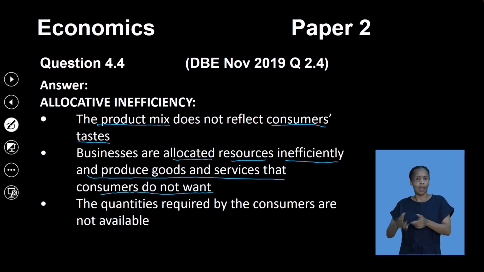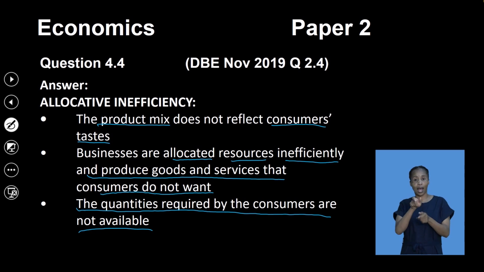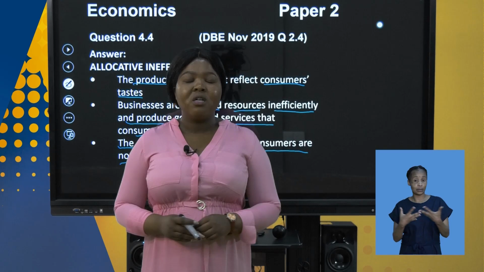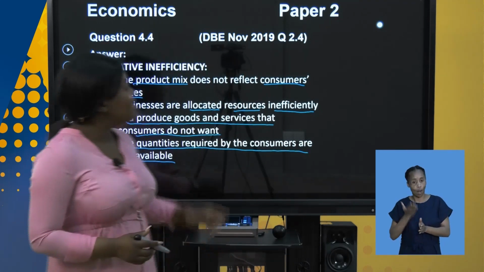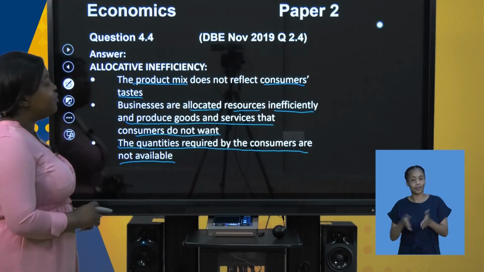So when the resources are allocated inefficiently, at the end of the day, we end up producing goods and services that do not meet consumer needs and wants. Then finally, we can talk about the quantities required by the consumers not being available. So the quantities of the products that we require as consumers are not available. That is allocative inefficiency.